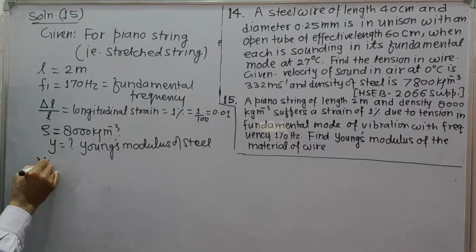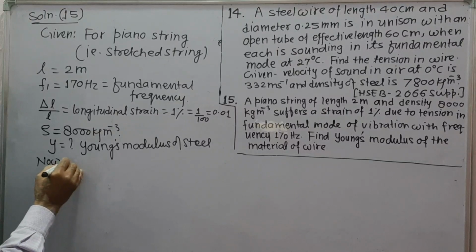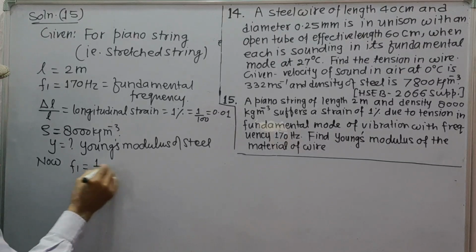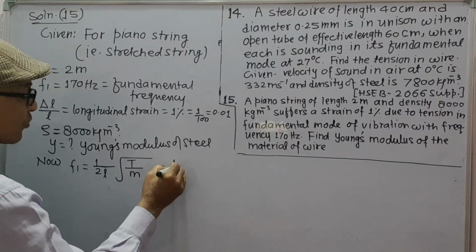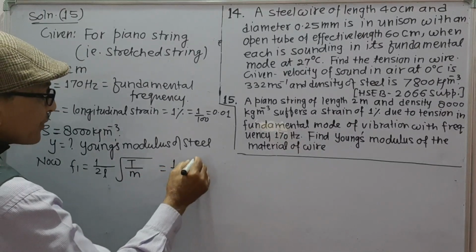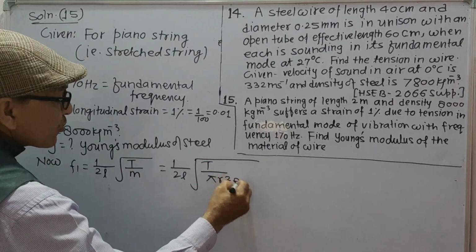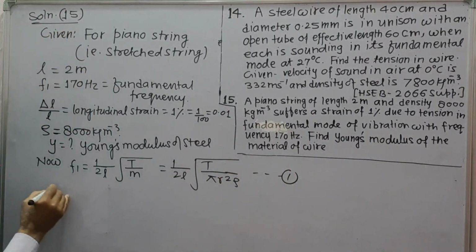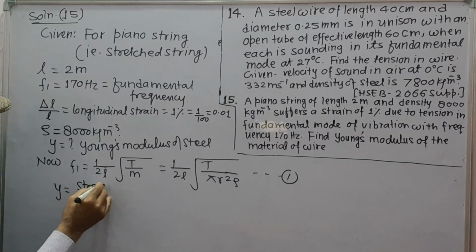Now we know that the fundamental frequency of a stretched wire is given by 1 upon 2L under root T by M, which is 1 upon 2L under root T upon pi r square into rho. Suppose this is equation 1. Also, Young's modulus Y is equal to stress upon longitudinal strain.